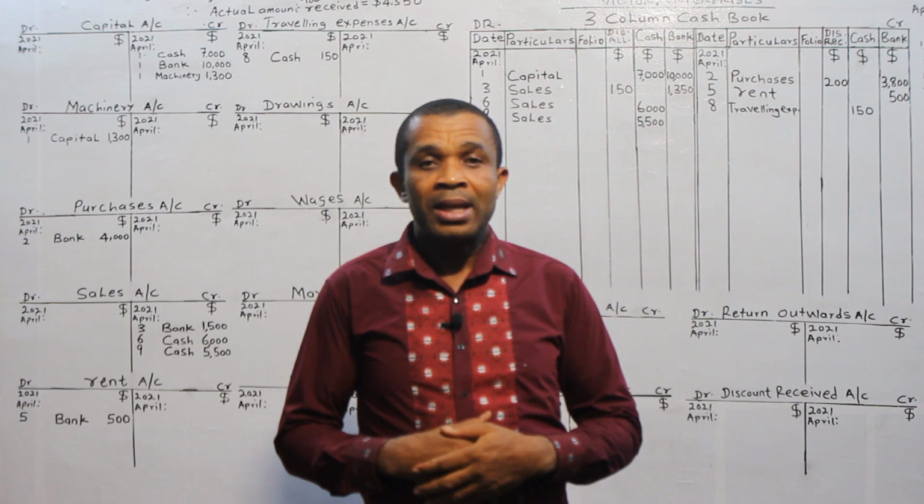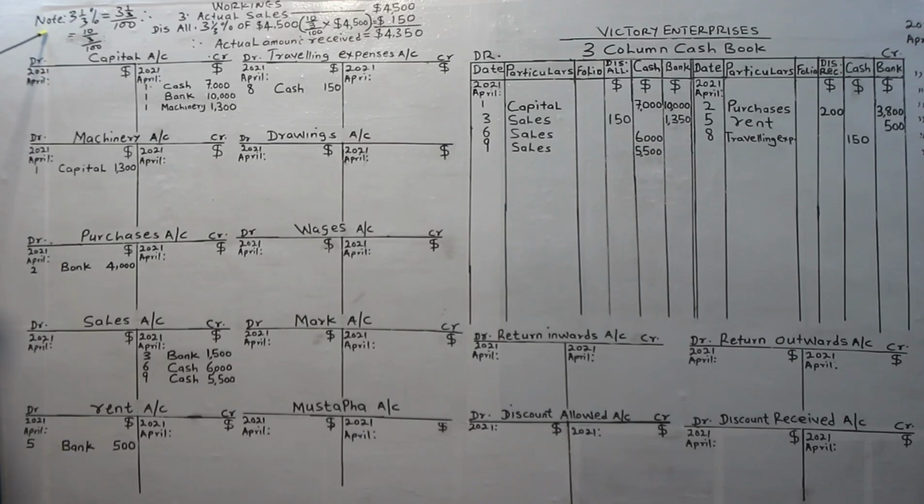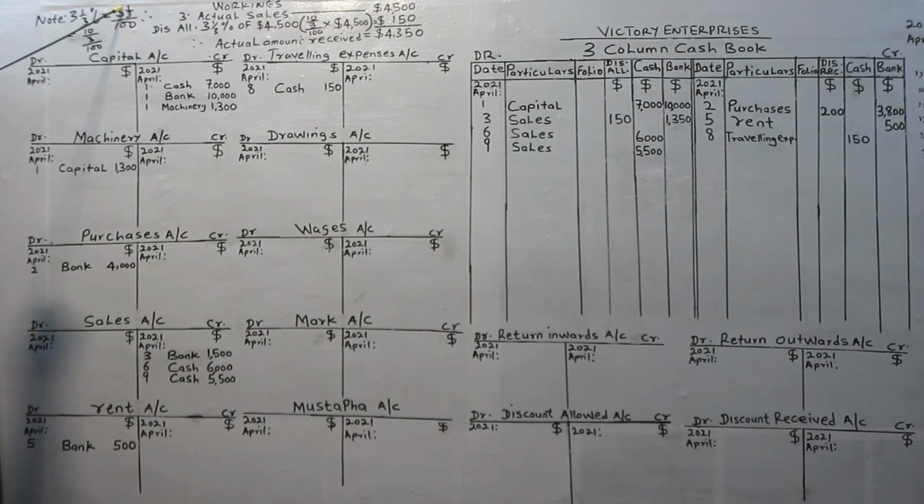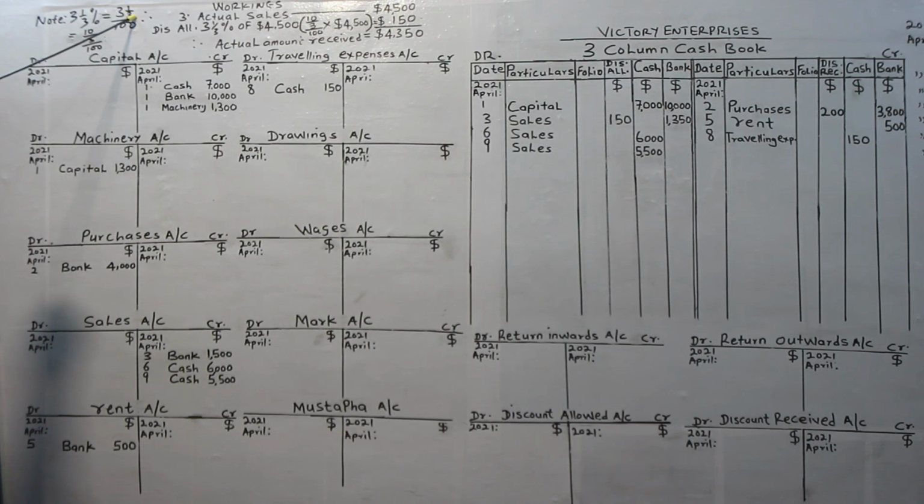April 10th, cash sales $4,500 less 3 whole number 1/3% discount. It should be noted that 3 whole number 1/3% is written as 3 whole number 1/3 divided by 100. To convert 3 whole number 1/3 to an improper fraction, it becomes 3 times 3 is 9, 9 plus 1 is 10.